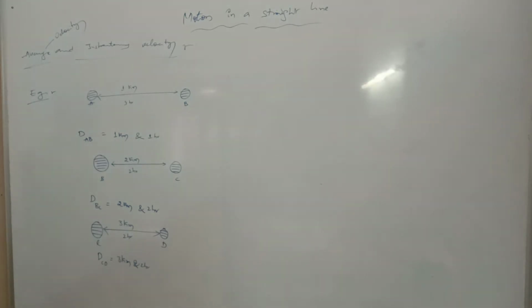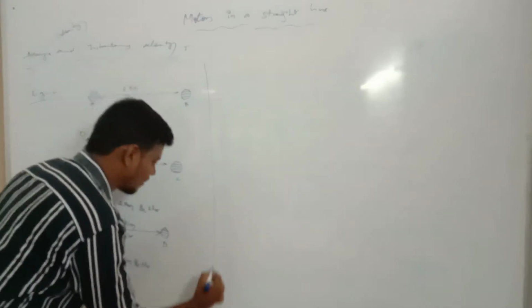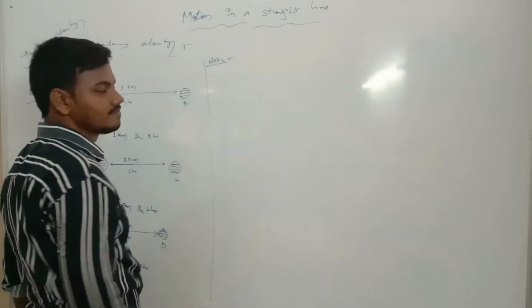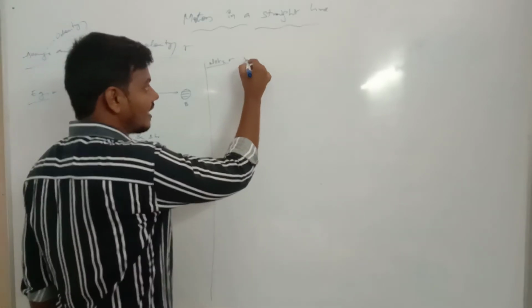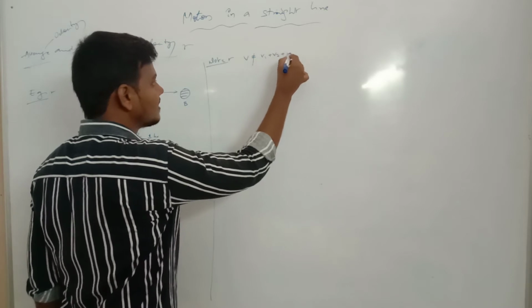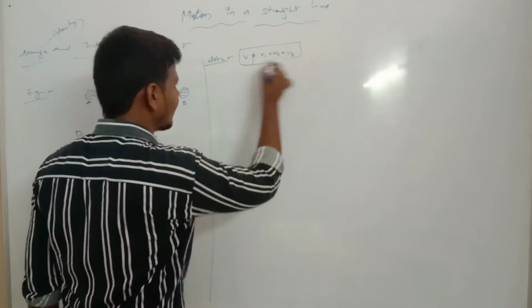This is the pattern of positions. Now we can apply this to the sum of the positions. The overall velocity v is not equal to v1 plus v2 plus v3. Very important.